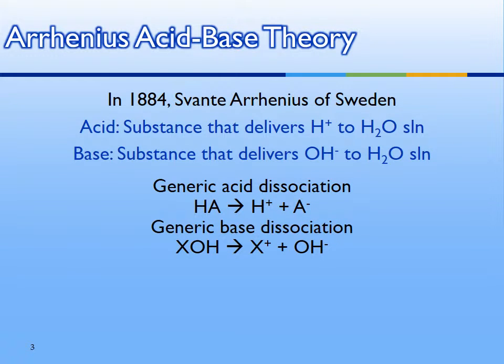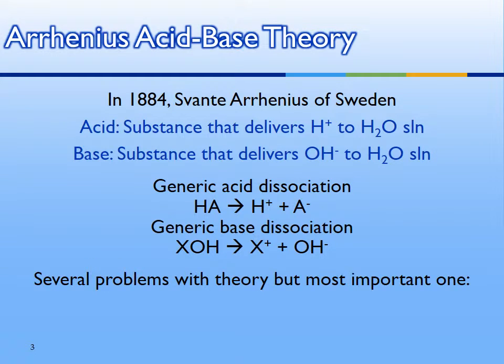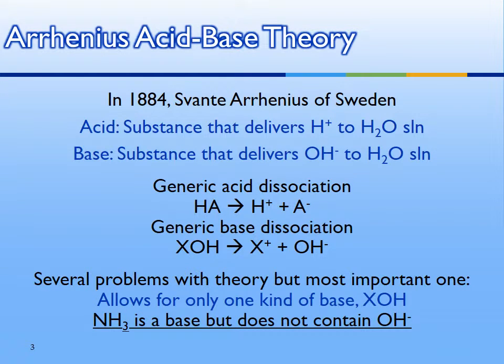A generic dissociation for acids and bases is represented here, and there are several problems with this theory, but the most important one is that it only allows for one kind of base, a base that has a hydroxide ion in its structure. And this is a problem because ammonia, being a base, does not contain hydroxide ions, but it still acts like a base.